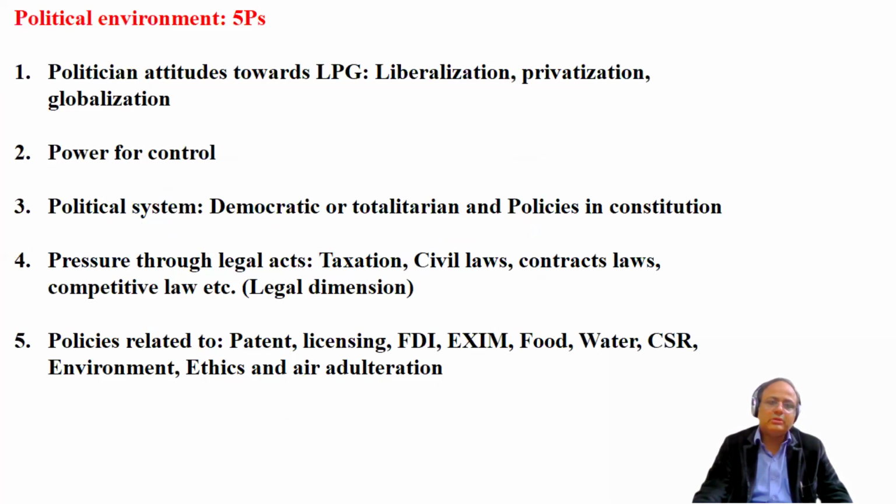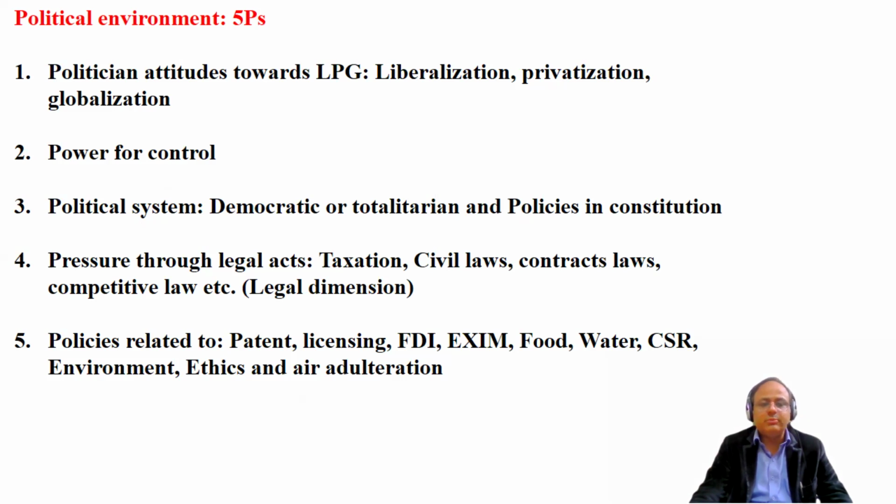If you would like to summarize the political environment, I've created 5 P's for it. The first one is the politicians' attitude towards liberalization, privatization, and globalization and the power they have for control purposes. Then we also need to look at the political system, be it democratic or totalitarian, and the policies available in our constitution. The political environment also consists of the pressure through legal acts such as taxation, civil laws, contract laws, and competition laws.